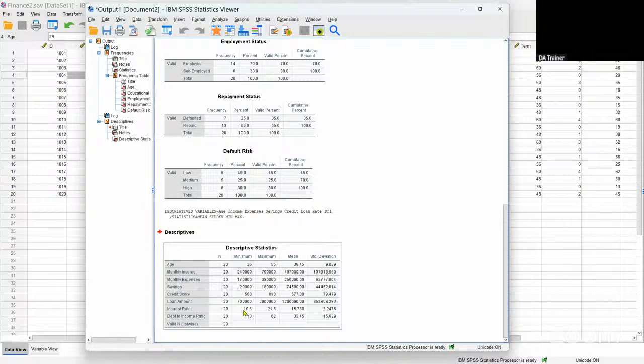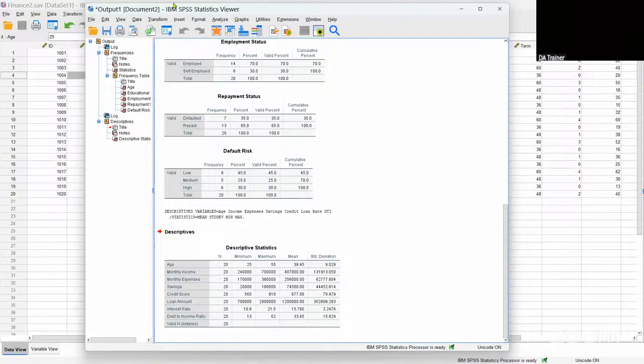The minimum interest rate is 10.8, and the maximum is 21.5. Okay, so we have debt to income ratio. We have 13, which is the minimum, and then we have 62, and so on. Okay, we have gotten this few understanding. Let's go deep now.